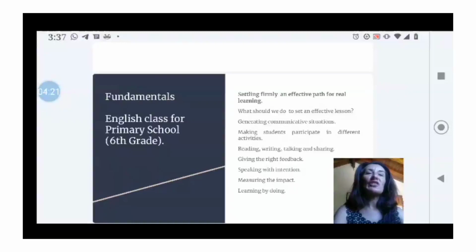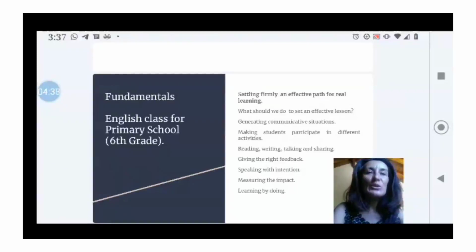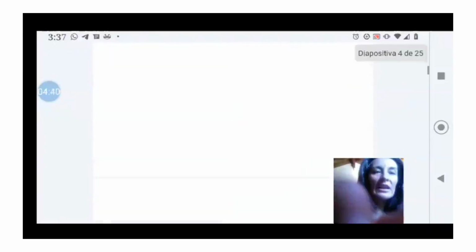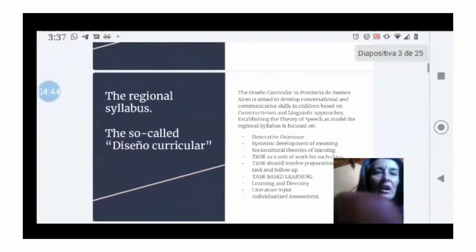Speaking with intention, as my teachers say, speak with intention. Do not speak nonsense. Measure the impact of your lesson, of your activities, and of course, as everybody loves to say nowadays, learning by doing. But don't do a cliche with that. Do it properly.